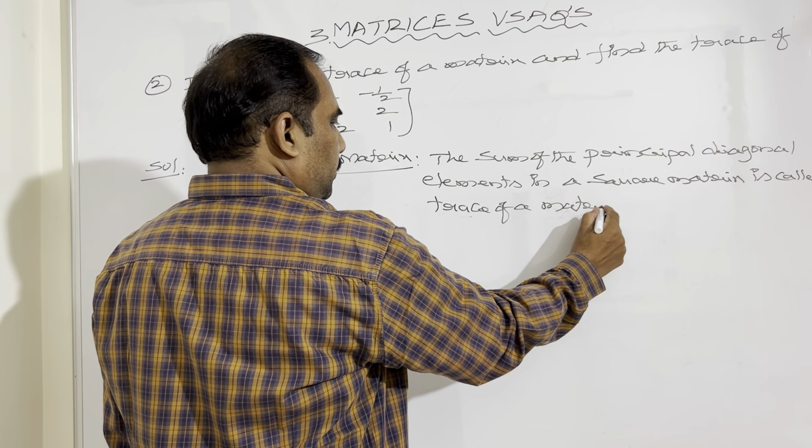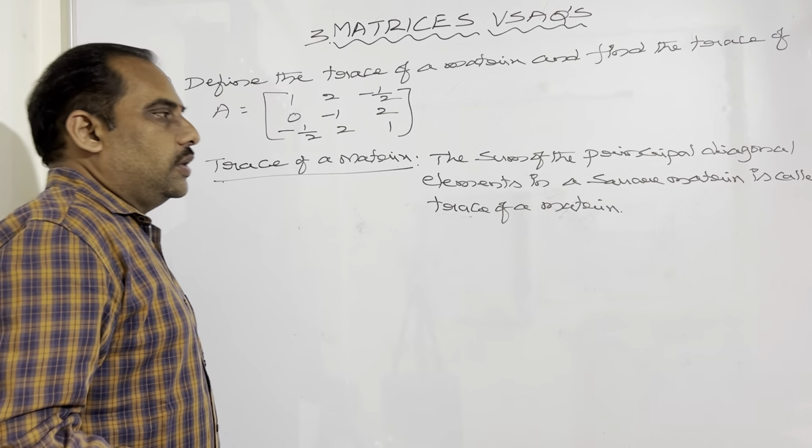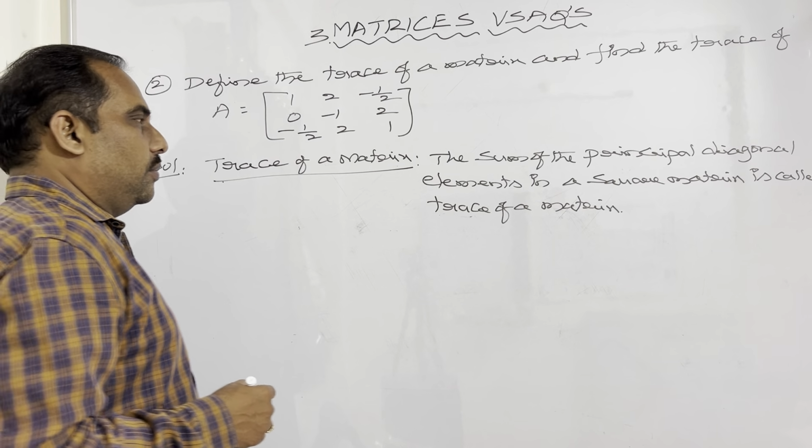The sum of the principal diagonal elements in a square matrix is called the trace of a matrix.